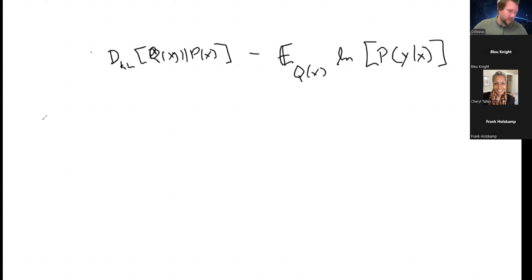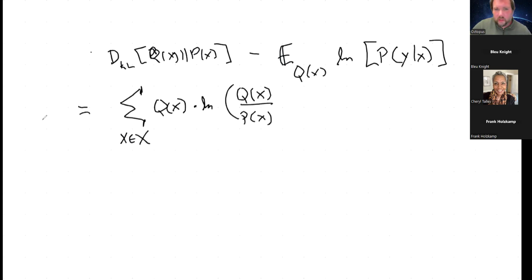The definition of Kullback-Leibler divergence, which I had to look up, is the sum over whatever the possible x's are of Q of X times the natural log of Q of X divided by P of X. That's the first term, the Kullback-Leibler divergence. Then I'm going to subtract off the expectation, which is the sum of Q of X times the natural log of P of Y given X.